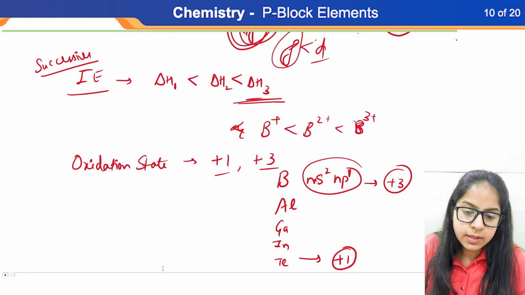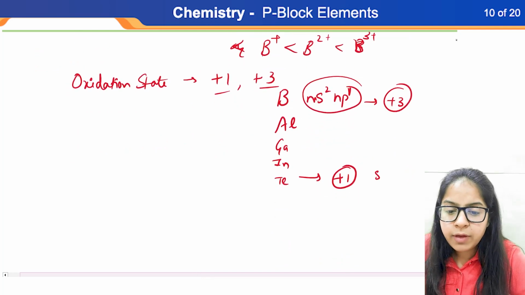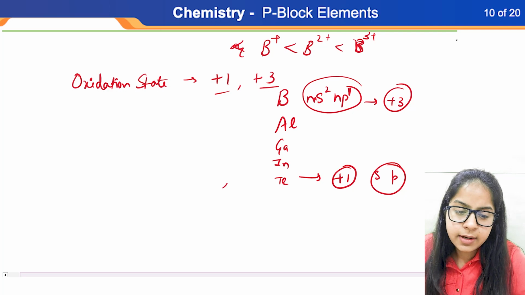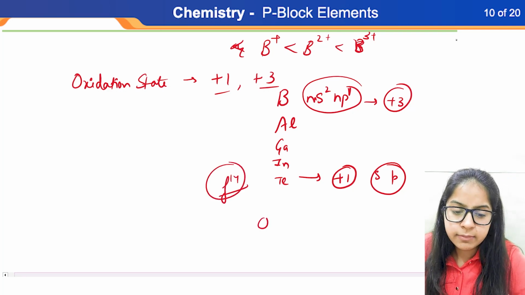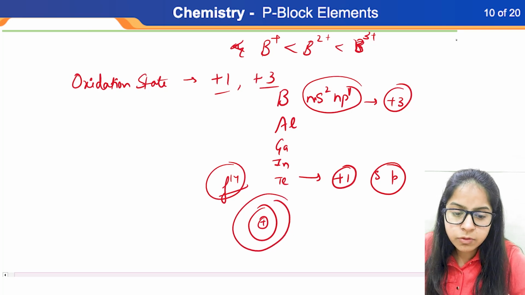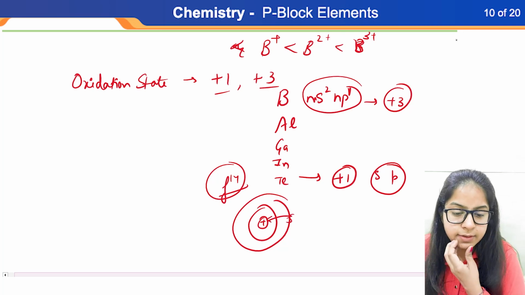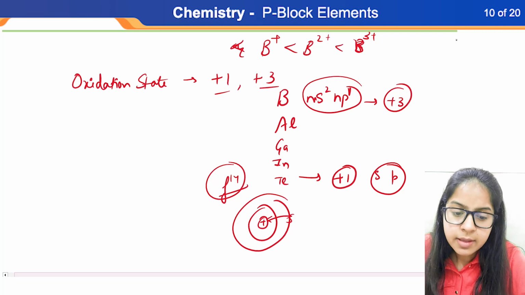Why is it +1? Because in thallium, before the filling of s and p orbitals, there are 14 f electrons also. 14 f electrons can rarely shield the outermost electrons from the nucleus. That's why the nucleus has a great effect on the s electrons of the outermost orbit.